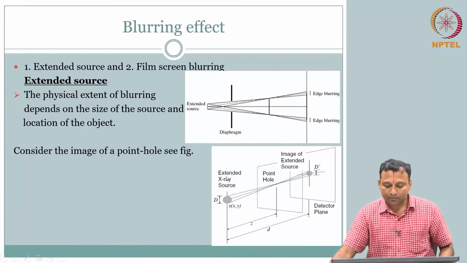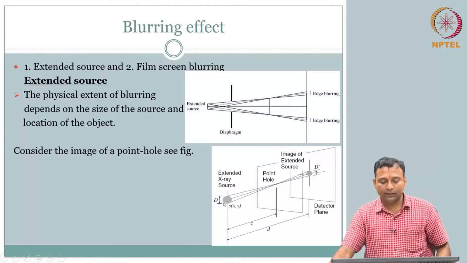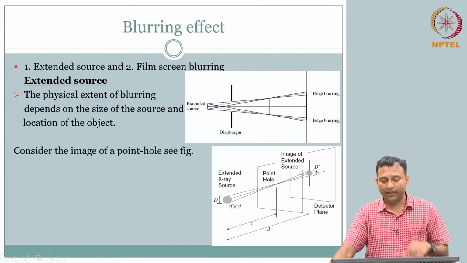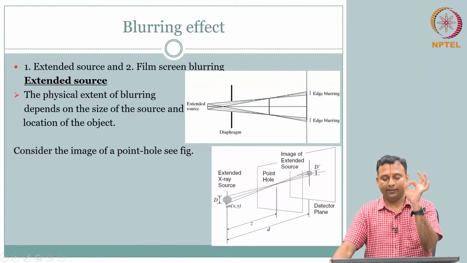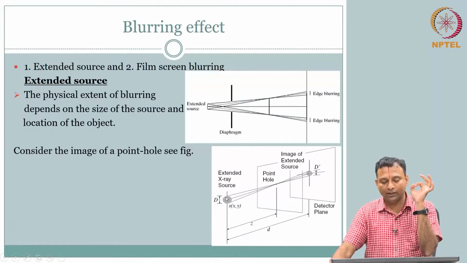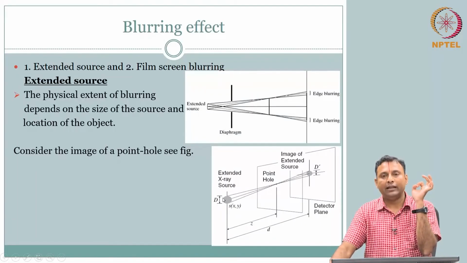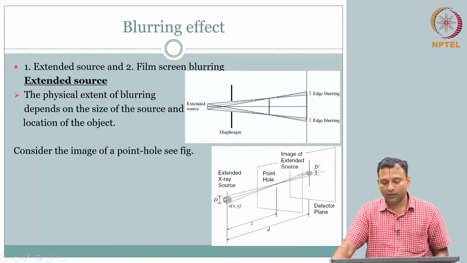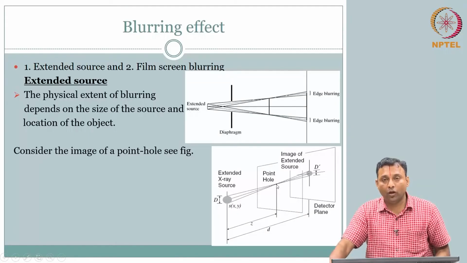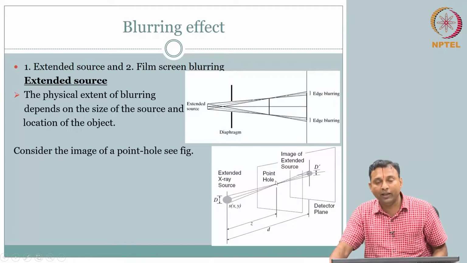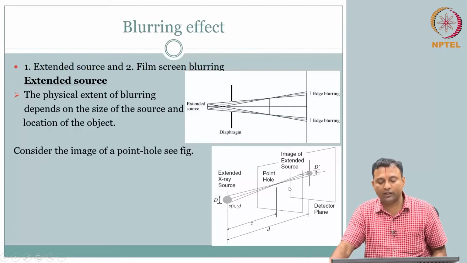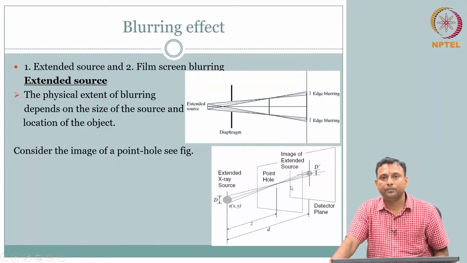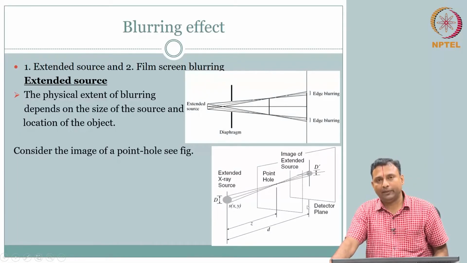This is my source, a circular disc, so instead of a point source it has a finite extent, and capital D is the diameter of the source, for example. There is no other object, my object became a point, meaning I have a point hole through which this has to go, and then I have my detector.